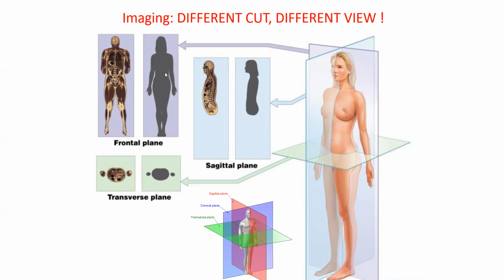The other image we typically take when ordering a chest x-ray is one in the sagittal plane, also known as the lateral view. In this scenario, the body is sliced into cross sections from left to right or right to left. This is the sagittal plane.